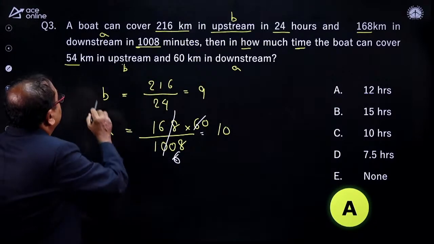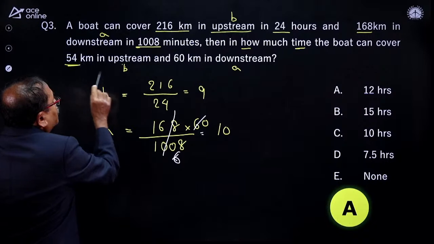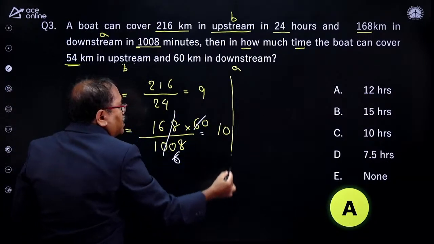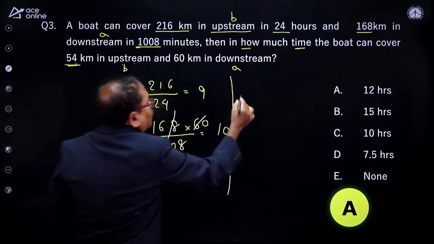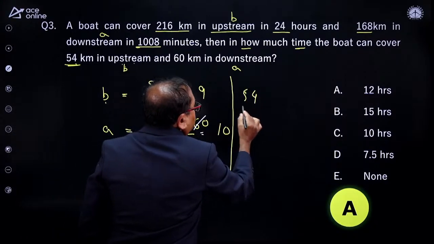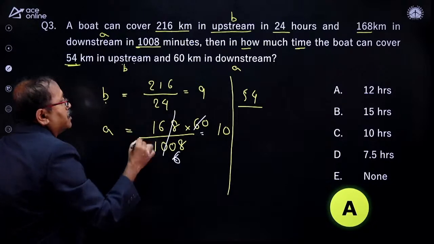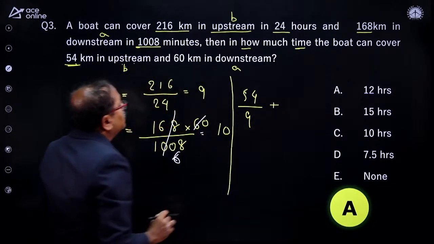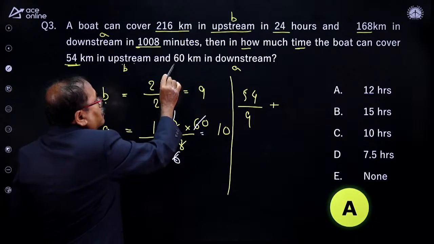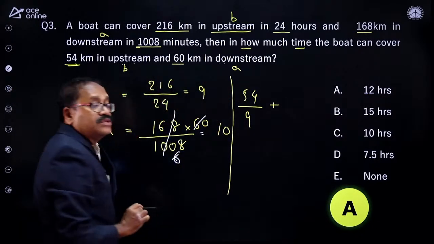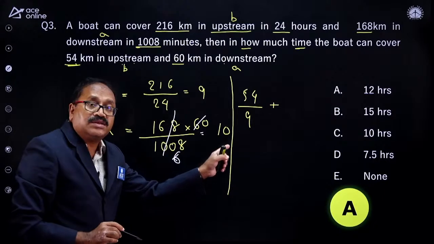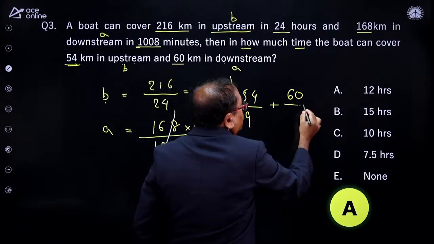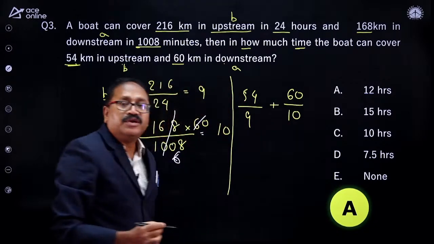Now you are asked traveling 54 kilometer upstream, that is speed B. चलिए ये भी निकाल लेते हैं. So 54 and its time is distance divided by speed, and the speed is 9 kilometer per hour, plus the time taken to travel 60 kilometer downstream, and the downstream speed is 10. Write down this as 60 divided by 10. This will be your time.